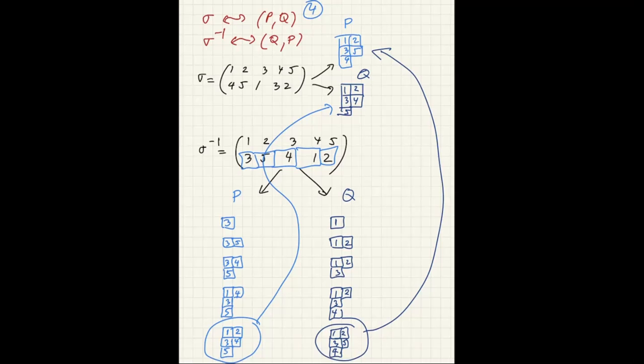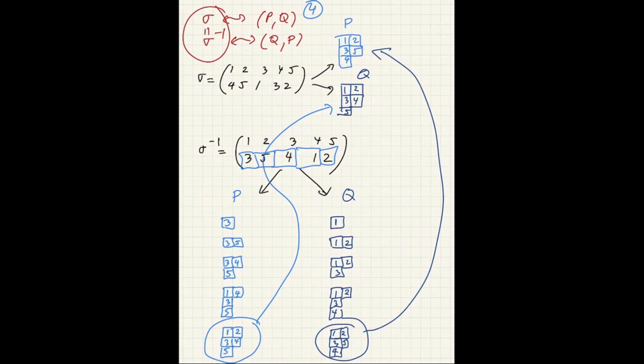Okay. So then, how does that lead us to involutions? Well, for involutions, sigma equals sigma minus 1. That's an equivalent property of an involution.